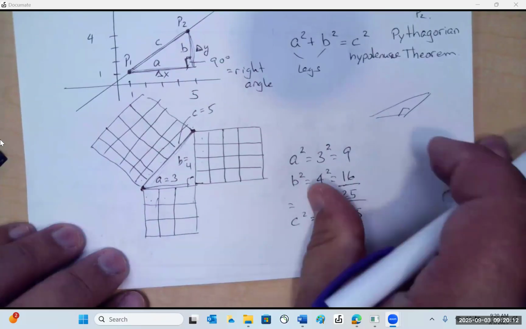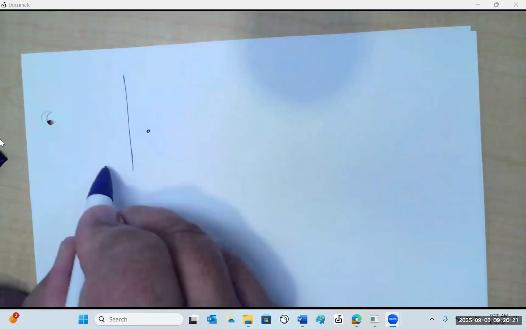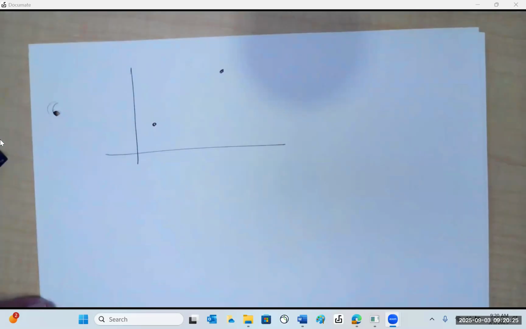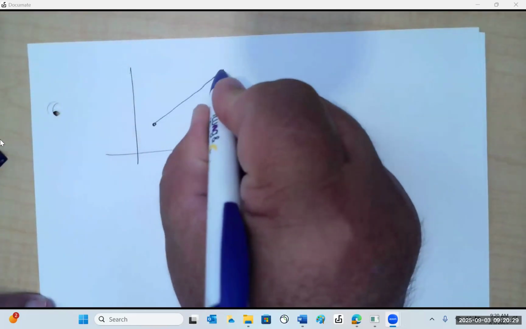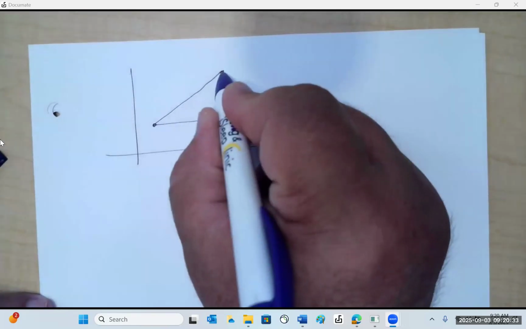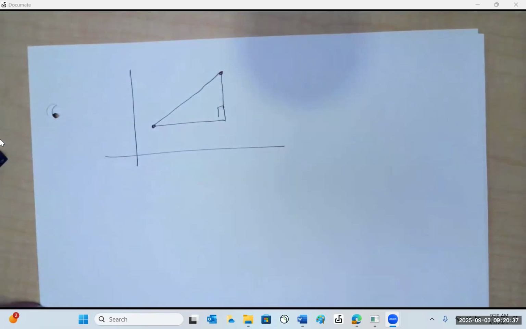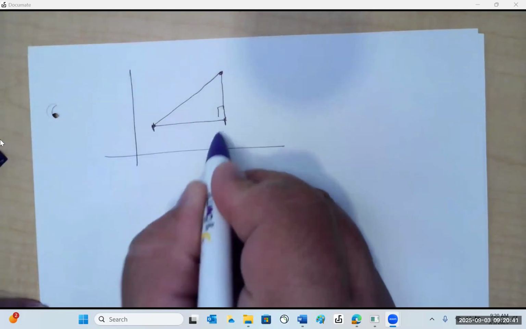So now how does that relate to distance? If I give you two dots, the distance between them, I could make out a right triangle out of them. Well, what's the distance between here and here?